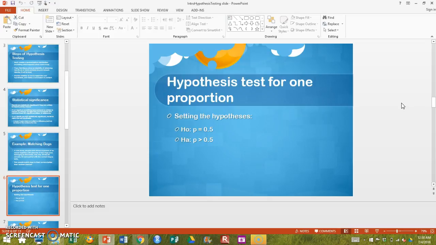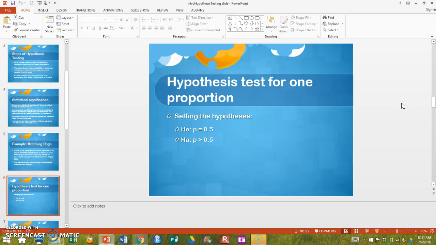And so let's clarify here. This 0.5 is the population parameter. It is the proportion in the population that people can match dogs to owners. So the uninteresting result, the result of just random chance, is the null hypothesis.